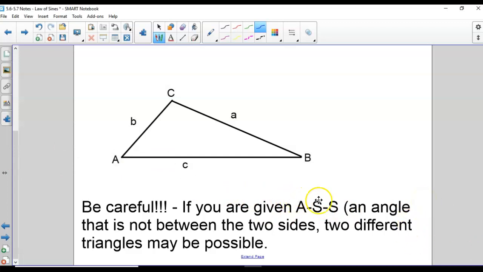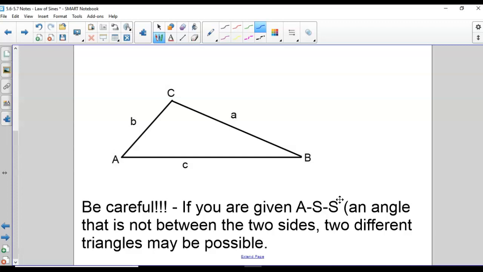The reason that we couldn't use that is because if you have an angle and two sides where the angle is not between the two sides, there's two different triangles that could be made out of those same conditions. So we have to be careful because if we're given an angle and two sides, it is possible that there's two different triangles we could be talking about.